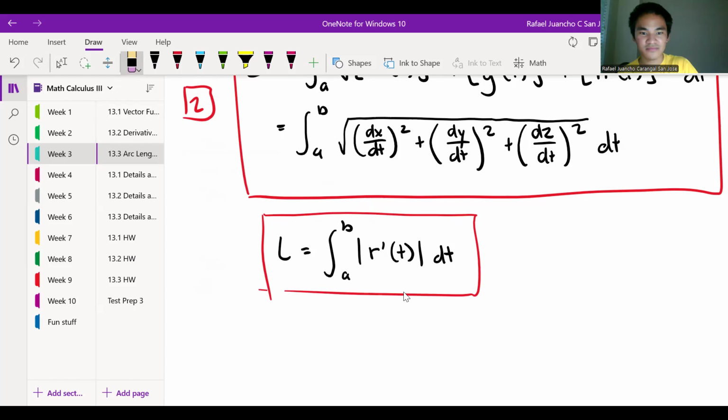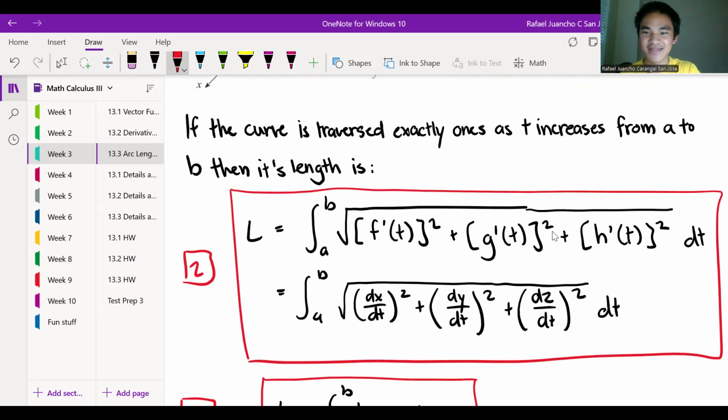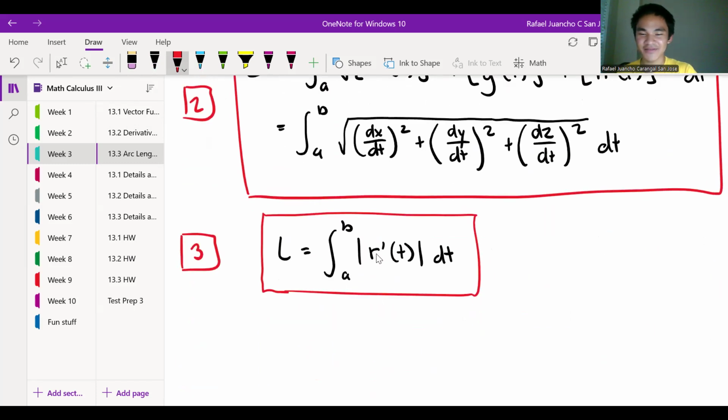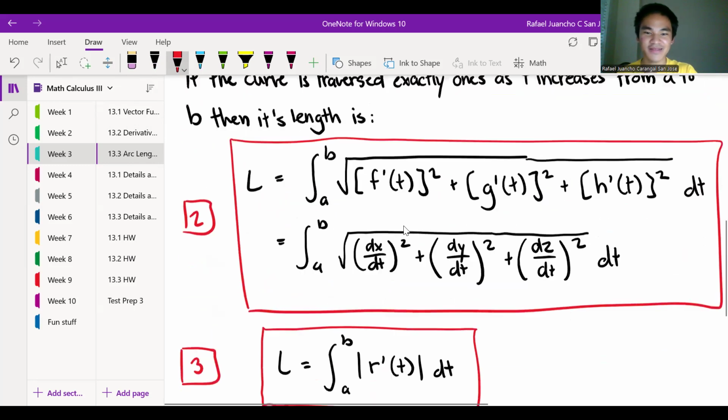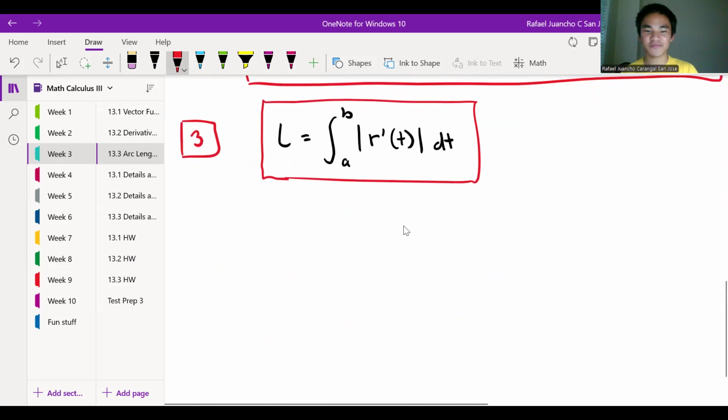We can say that. Because here, when you notice, we're actually just getting the distance formula. So this is technically the magnitude of our vector function, right? So it's just a more compact way of doing it. Okay, he explained that part, I don't need to. But basically, they're equal.